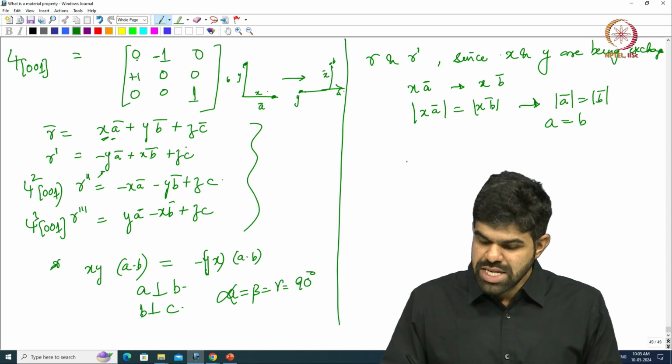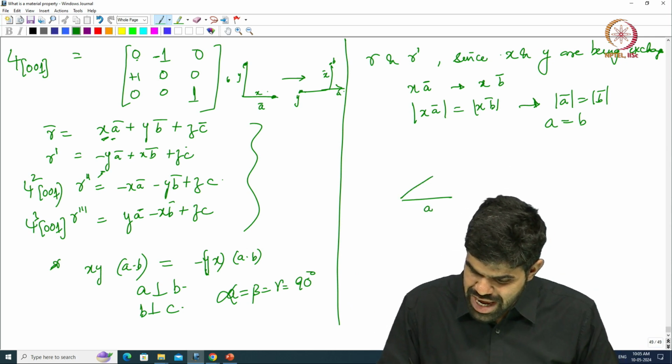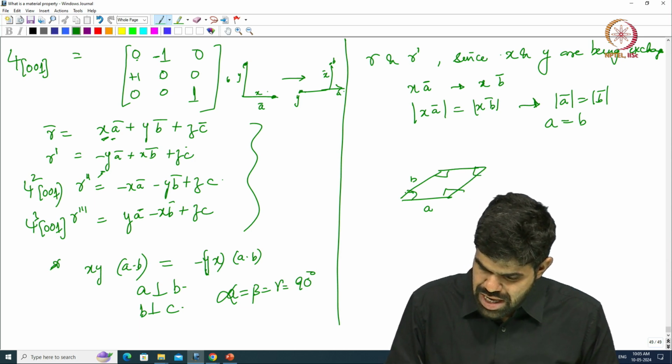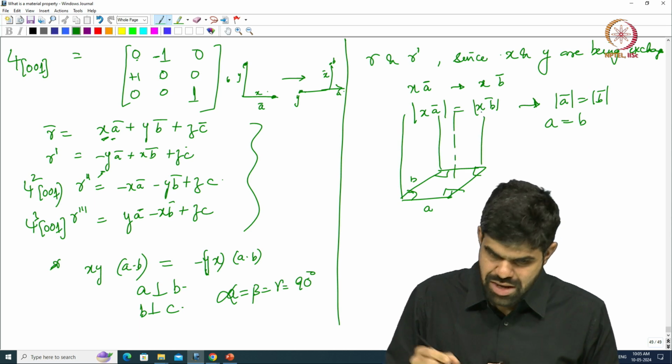Okay. So, as a result what you have is a unit cell where A and B are the same, the angle between them is 90 degrees, and C can be longer. Okay, sorry.